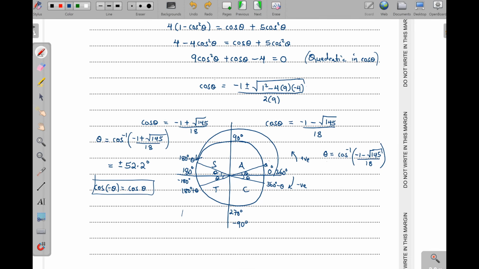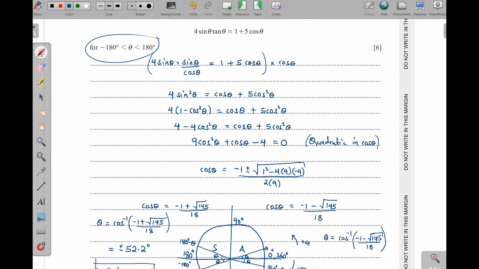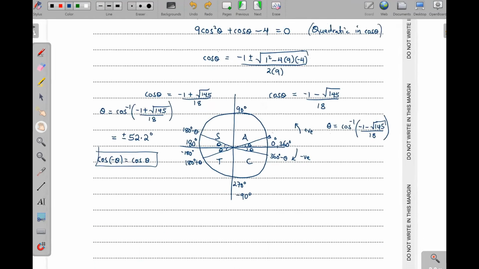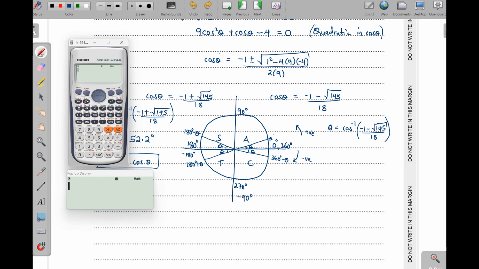But in this case, our domain is this one here. So instead of getting another answer by getting 180 plus theta, which goes beyond 180, I'll instead move from here and come here, which will be the same as moving from here then up to there. You get it?